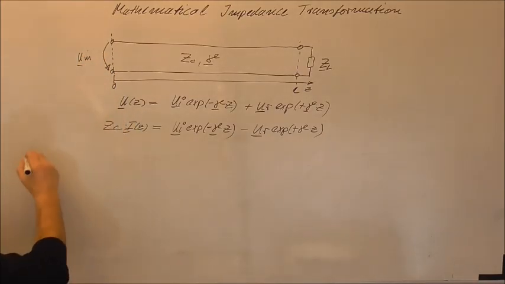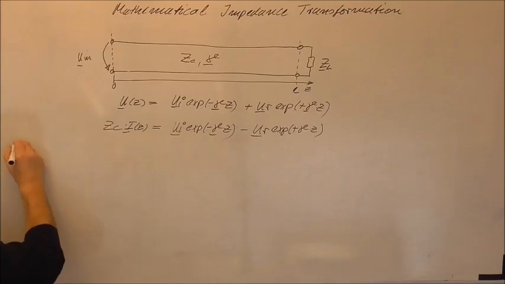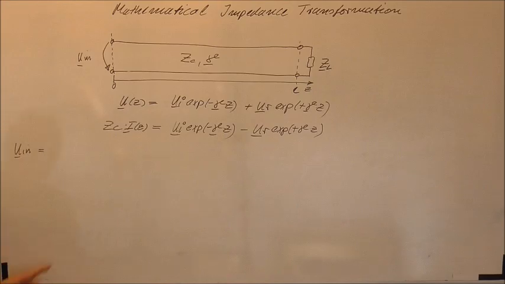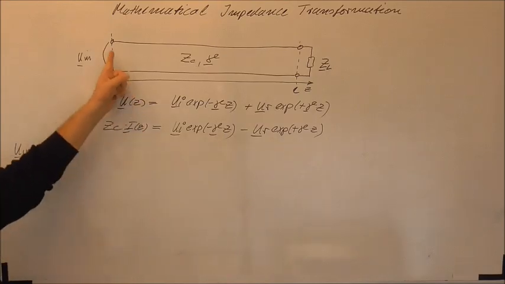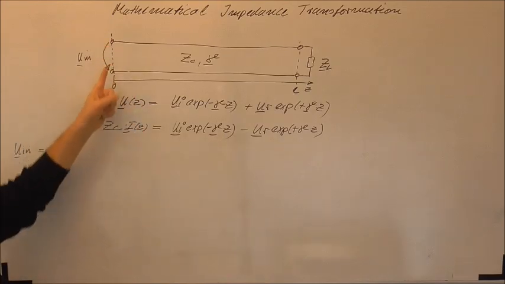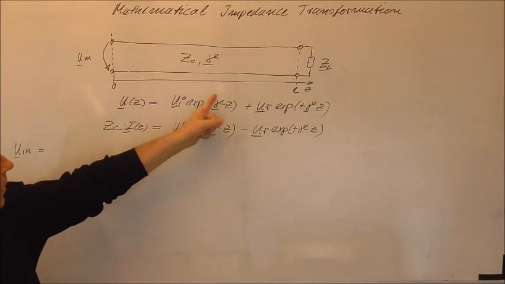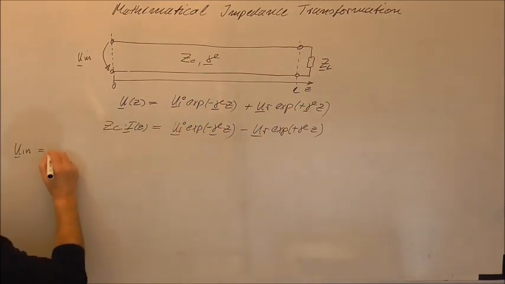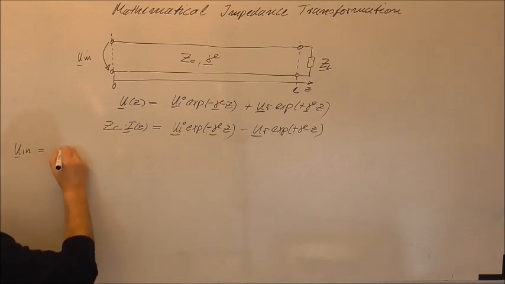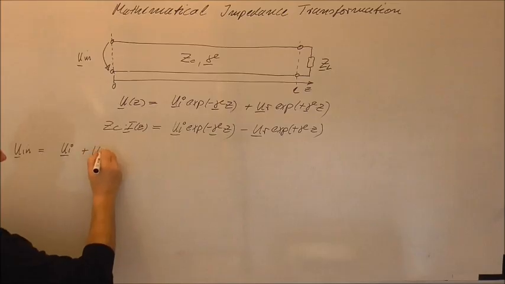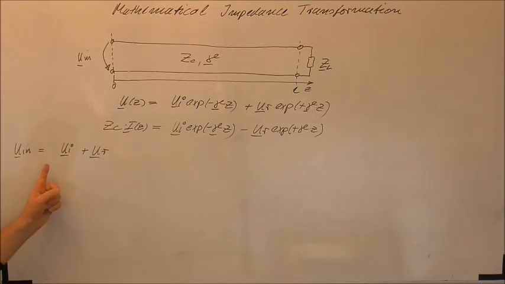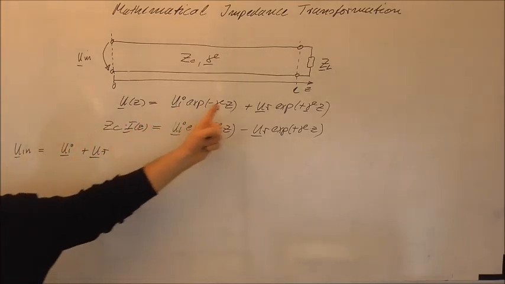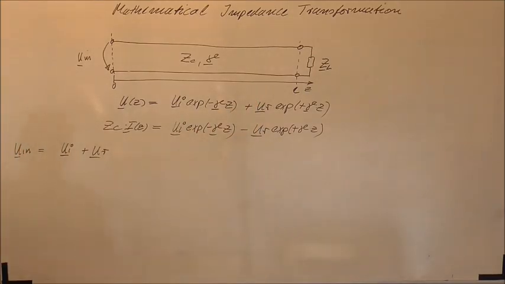So we can define here, for example, the input voltage u in, which is nothing else but the voltage at z equal to 0. So the exponential function will disappear, and the input voltage will be given by ue plus ur, just the addition of the two complex amplitudes.